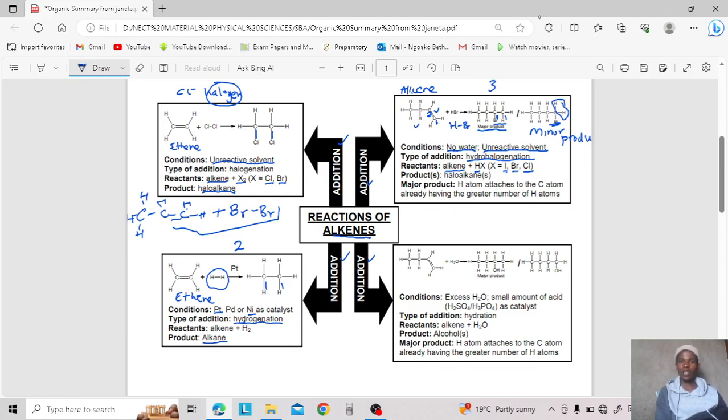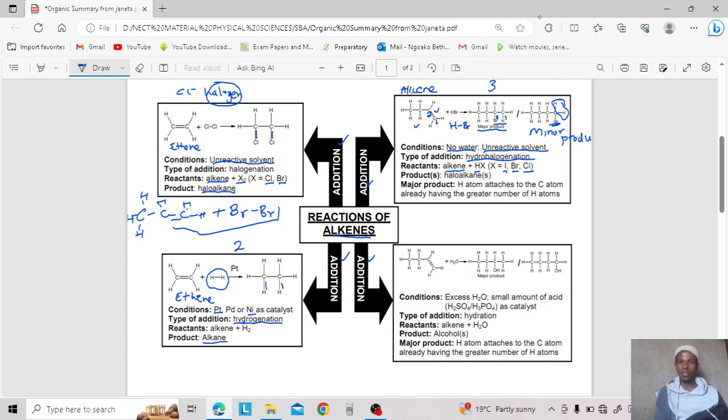The product will be haloalkanes. Why haloalkanes? I get an alkane with a single bond between the carbons, and then haloalkane because of the halogen group on that product. We combine them together and usually say haloalkanes.